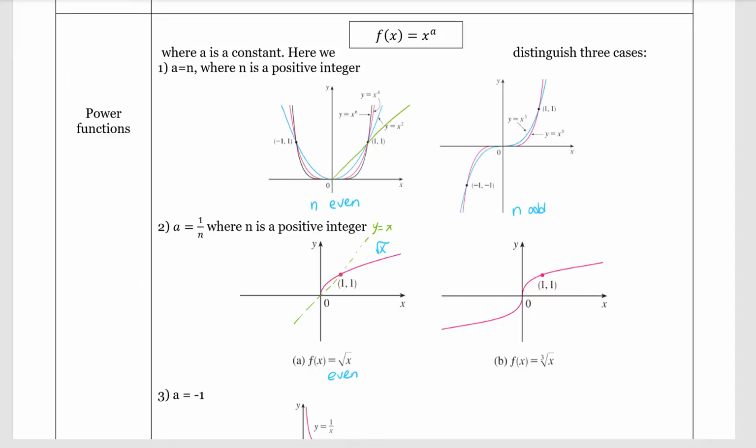In order to have an inverse function, your function has to be one-to-one. One-to-one means one input corresponds to one output. So x squared is not one-to-one, and we have to restrict to a one-to-one piece.